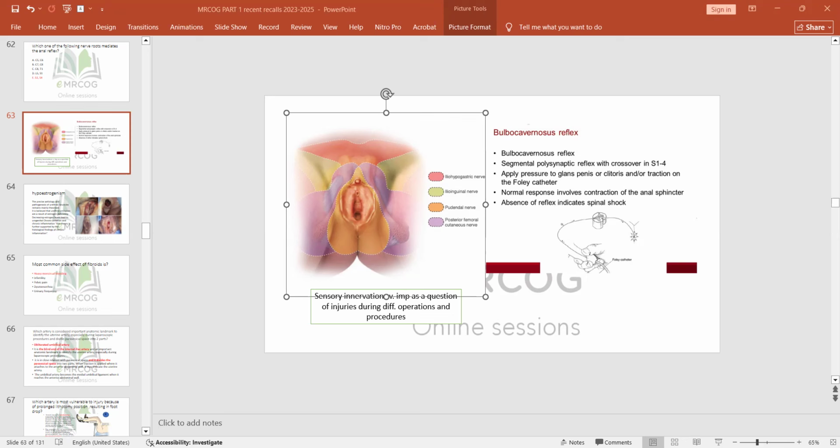Yes, and this is why it's not really injured in our practice. Right? So mainly this is why. But yeah, you are right. It does supply the genitalia. It does supply the scrotum.